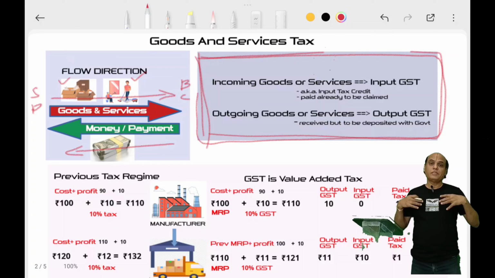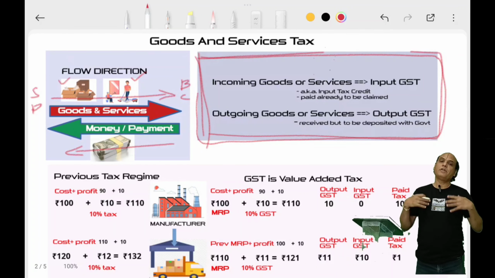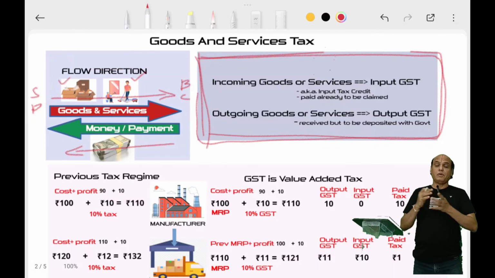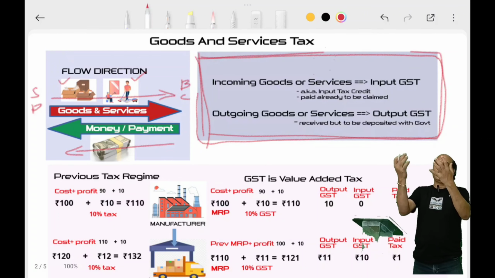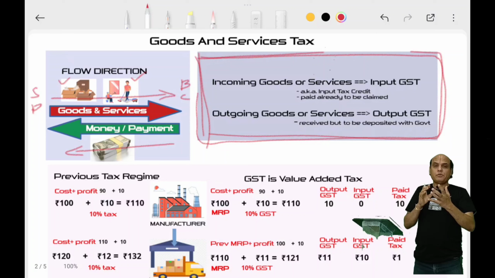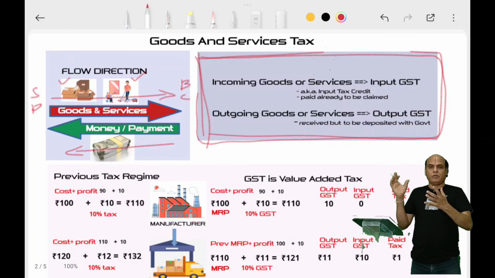Now suppose I am selling goods or offering services. That means goods and services are moving out. So that is output GST for me. Output GST means money will flow in the opposite direction. I am collecting money from the other person, so I am supposed to pay tax to the government.